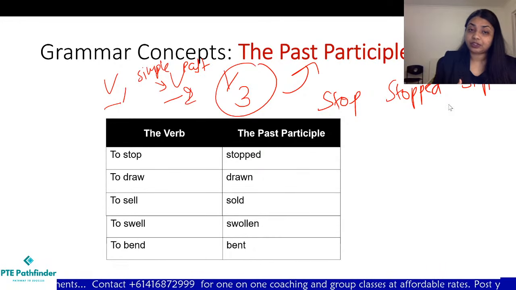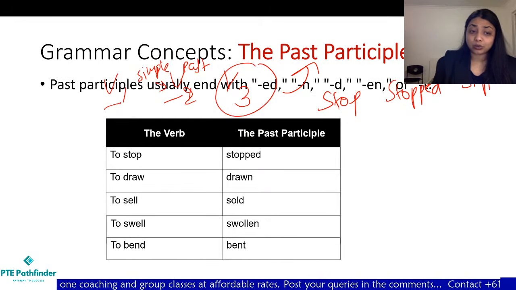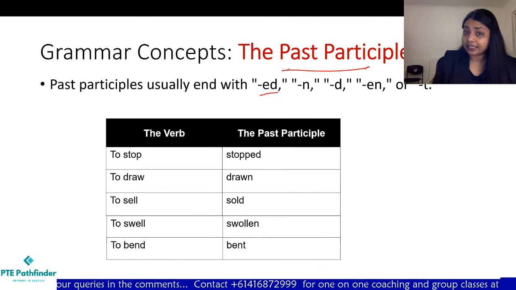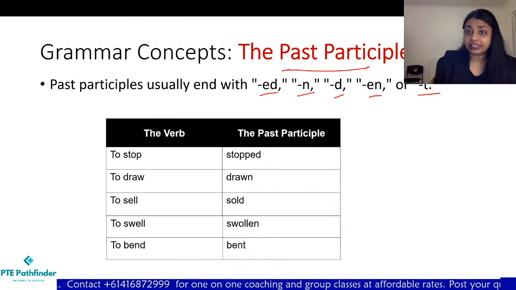It depends on whether the verb is a regular verb or an irregular verb. There are some common endings associated with the word forms related to past participles. Any word ending with ed, n, d, en, or t is a past participle, or the third form of the verb.